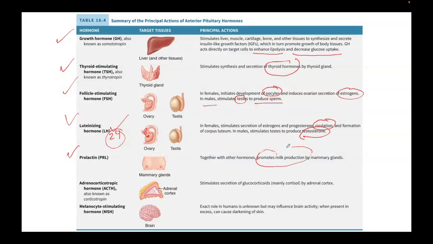Prolactin is involved in the production of milk. And we have adrenocorticotropic hormone, ACTH, which is going to hit the adrenal cortex to produce mainly cortisol. Okay. And MSH, still a little bit of a mystery, but it's involved in darkening the skin.